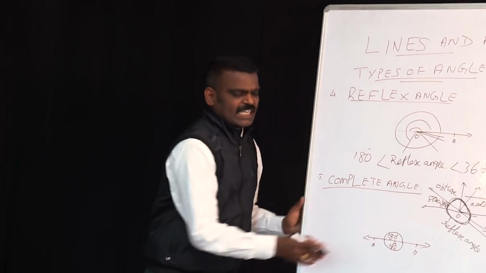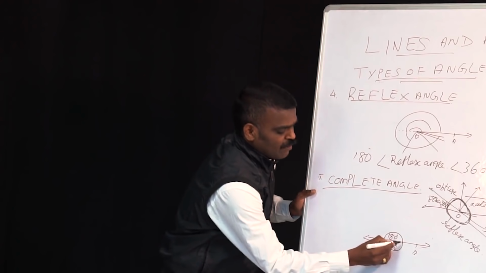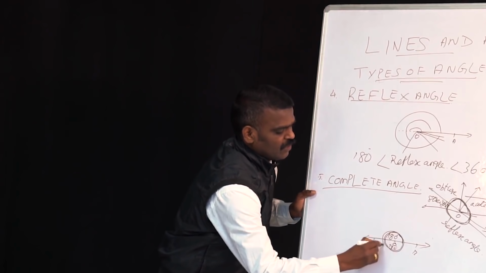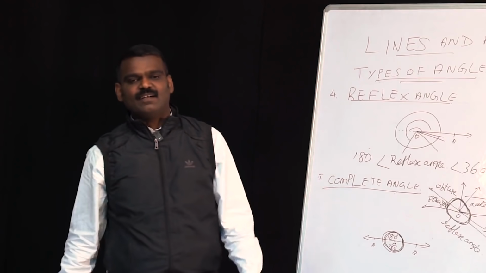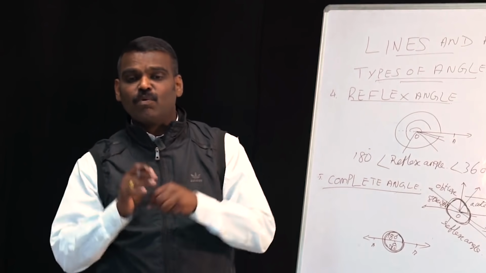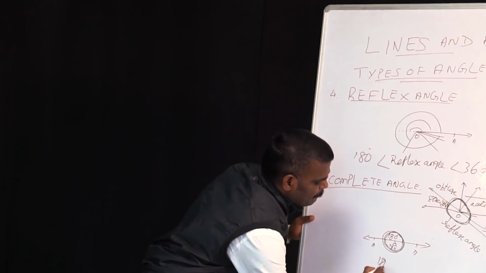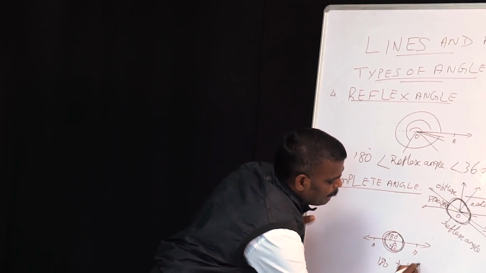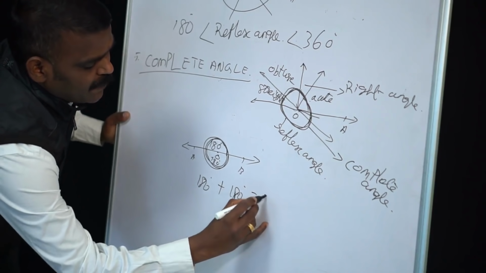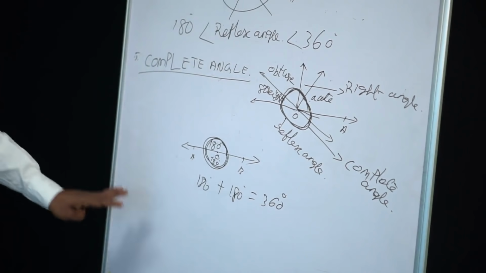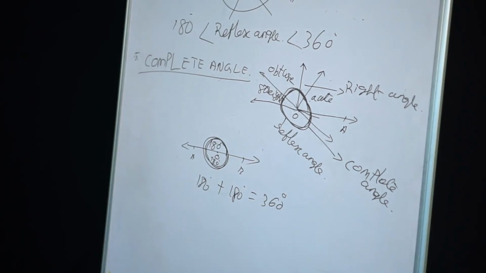So, now two straight angles come together, what do you call this figure? Circle. So, in the circle how many degrees are there? 180 plus 180, how many degrees? 360 degrees. So, a complete angle has how many degrees? 360 degrees. Clear?